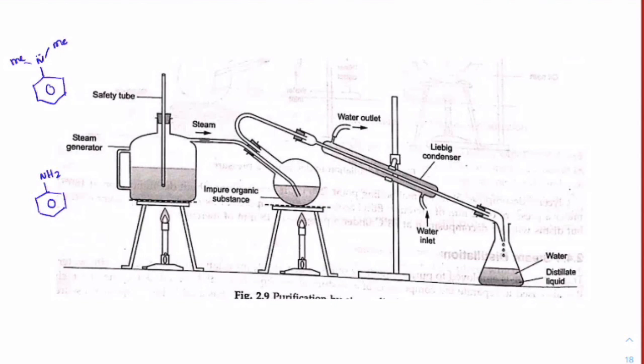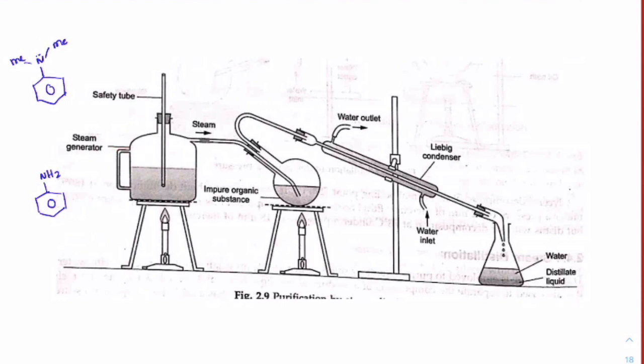Got it? So if I have to separate this out from these impurities, what can I do? First I will add it to water, although it is less miscible or rather less dissolved here. I will pass steam through it. So imagine this is a steam generator. Here I am heating the water so that it can form steam.